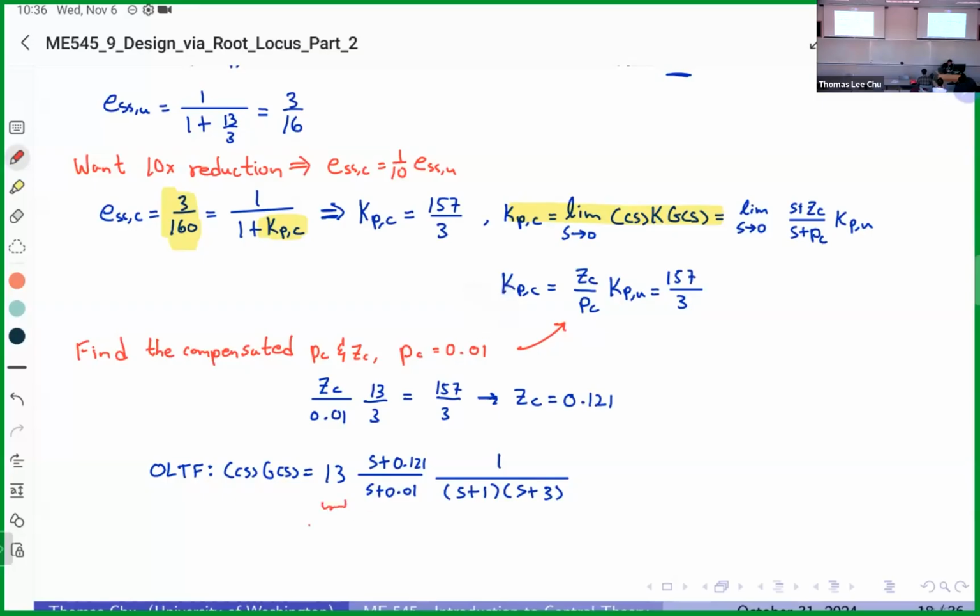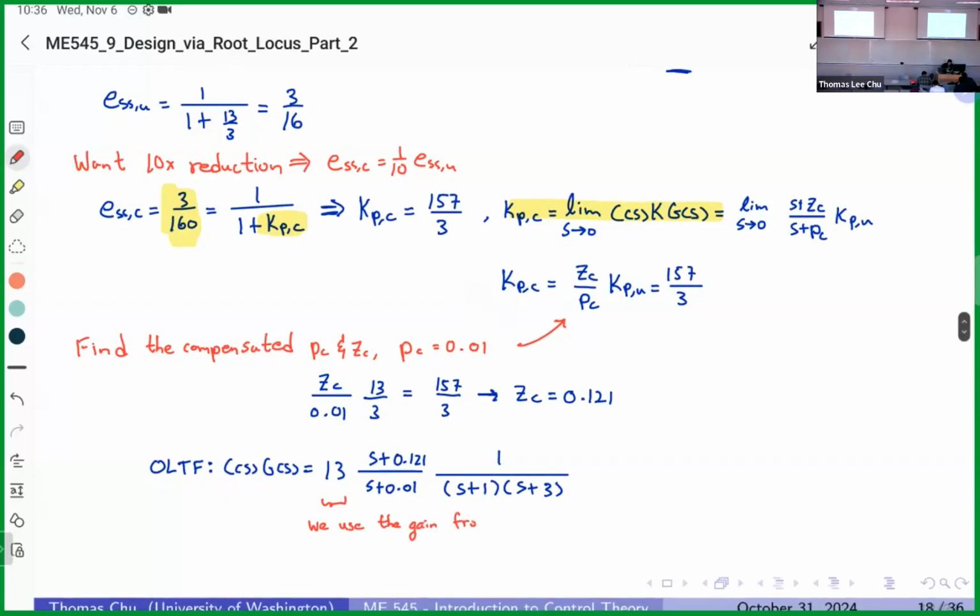Note that we use the gain from our uncompensated system. The reason is that a lag controller more or less retains the shape of our root locus.